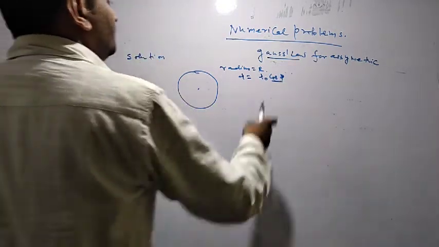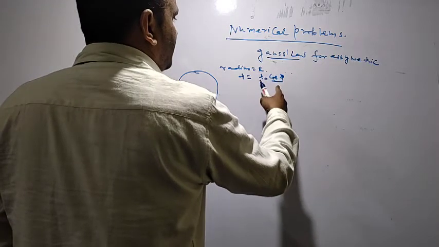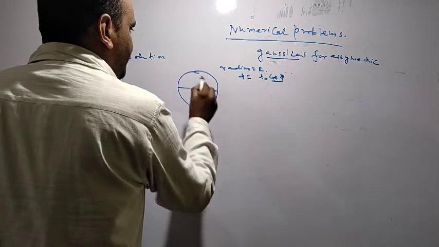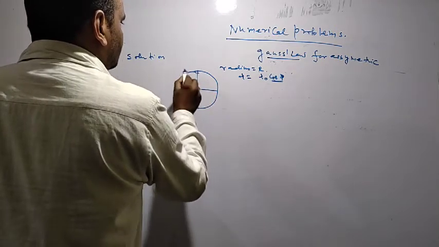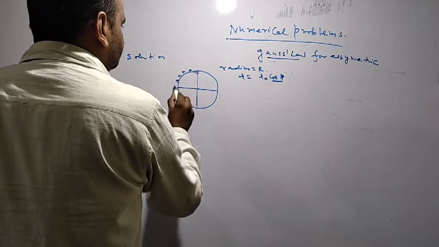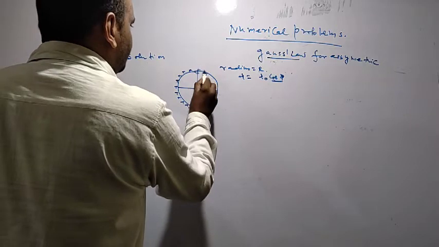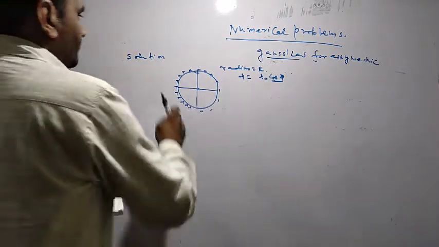In the first quadrant it is positive, and in the fourth quadrant it is positive. So how will the charge distribution look? Considering the first, second, third and fourth quadrants, positive charges will be situated like that, and negative charges like that.